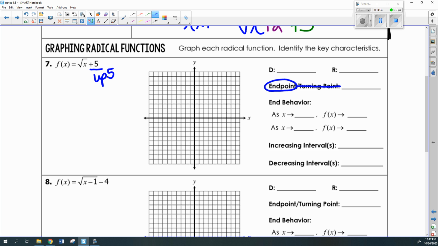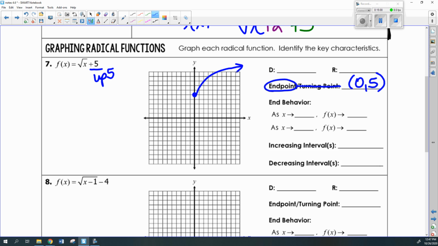So if I literally go from the origin up 5, that will be my end point. And that ordered pair is 0, 5. And then I just have to remember, if it's positive, it's going to look exactly like my parent function, which goes up and to the right. If it is negative, all right, which we're going to see in a minute, that's going to reflect down.